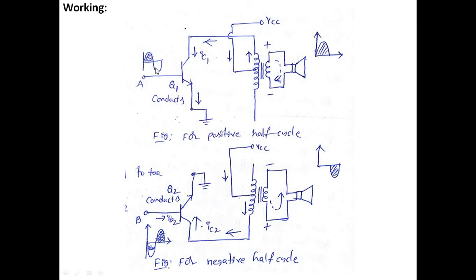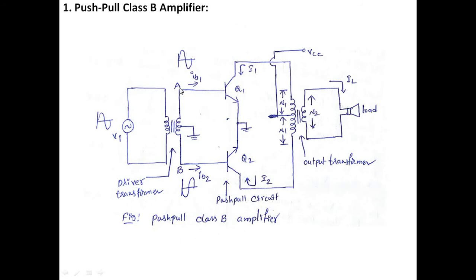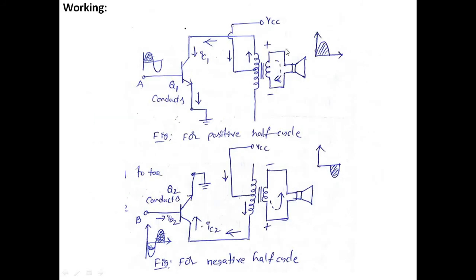As we have already discussed, when we apply a positive half cycle, point A becomes positive and point B becomes negative. Q2 is off and Q1 is on, which results in this circuit. We are ignoring transistor Q2 because it is not conducting, so we remove it.